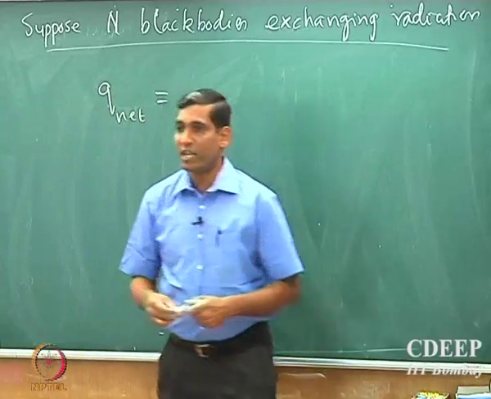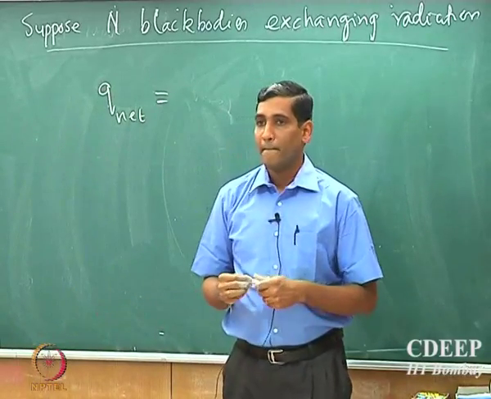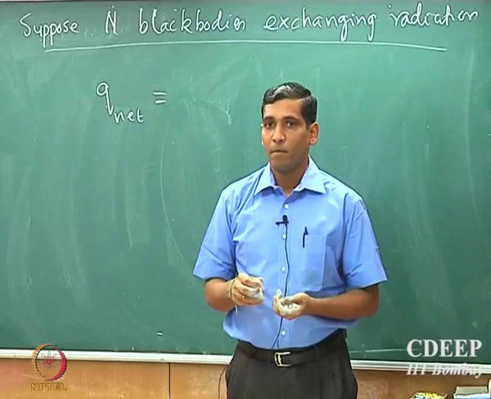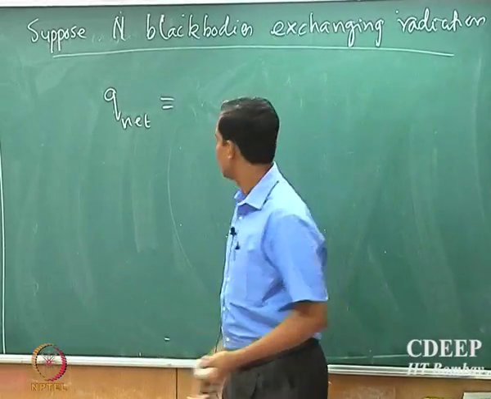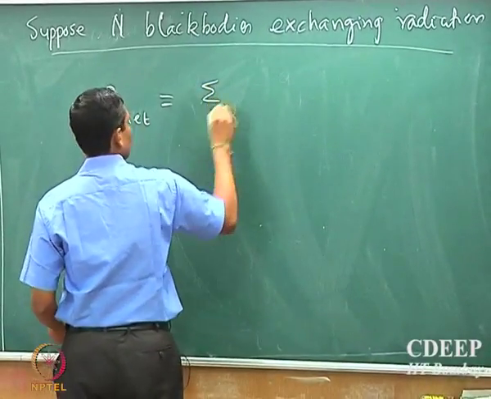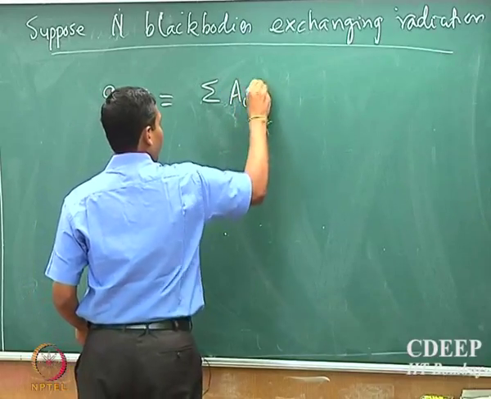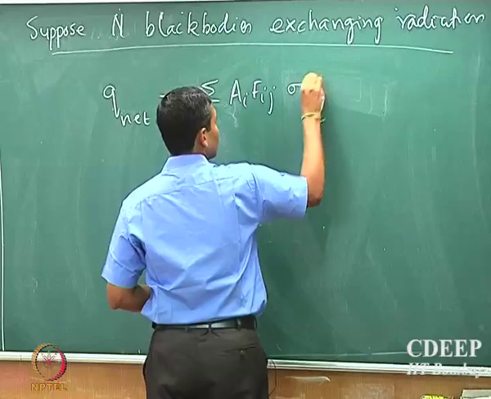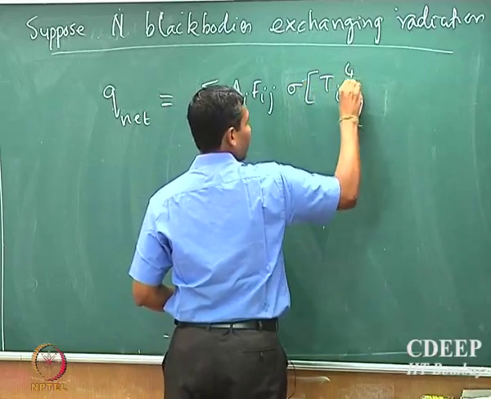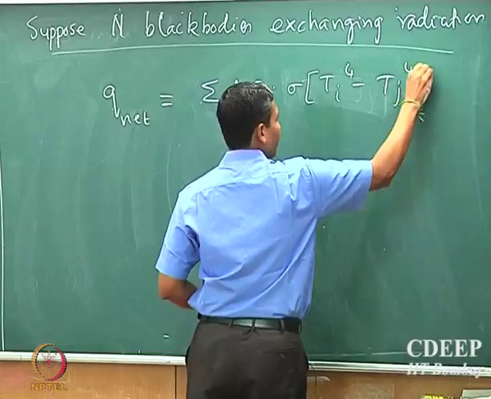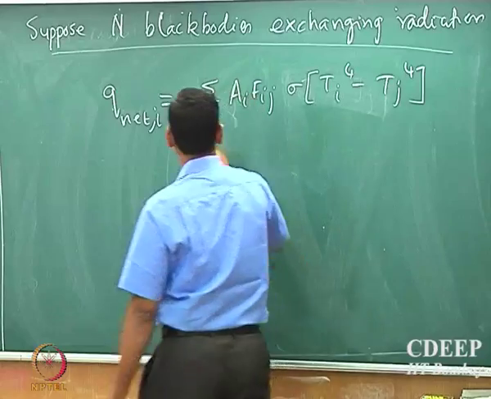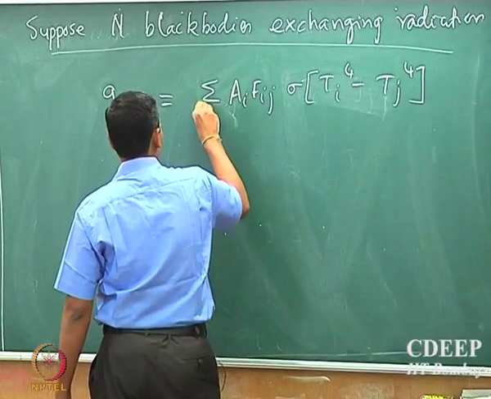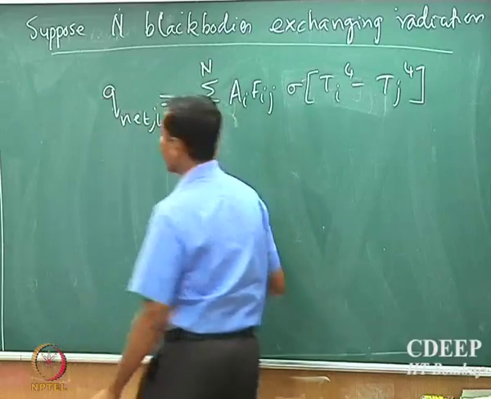It will be sum over all j, right? So it will be sum of Aj Fij sigma (Ti to the power of 4 minus Tj to the power of 4). So this is the net radiation exchange of the ith surface, and it is summed over 1 to all n.